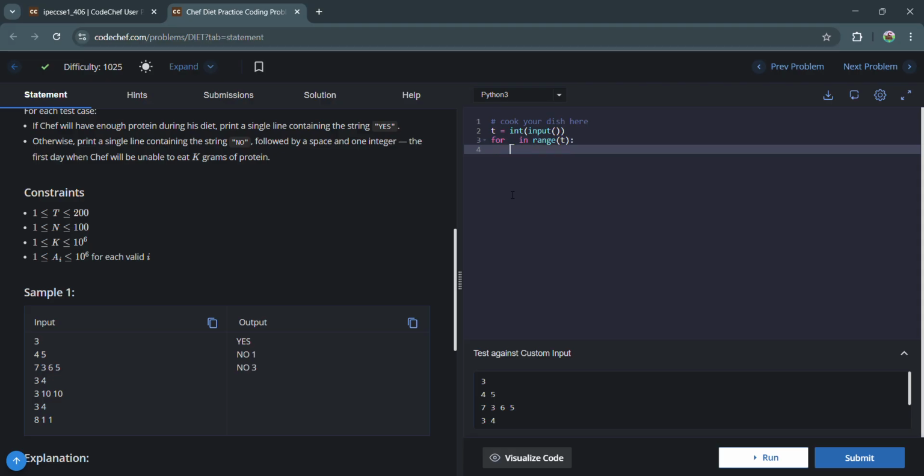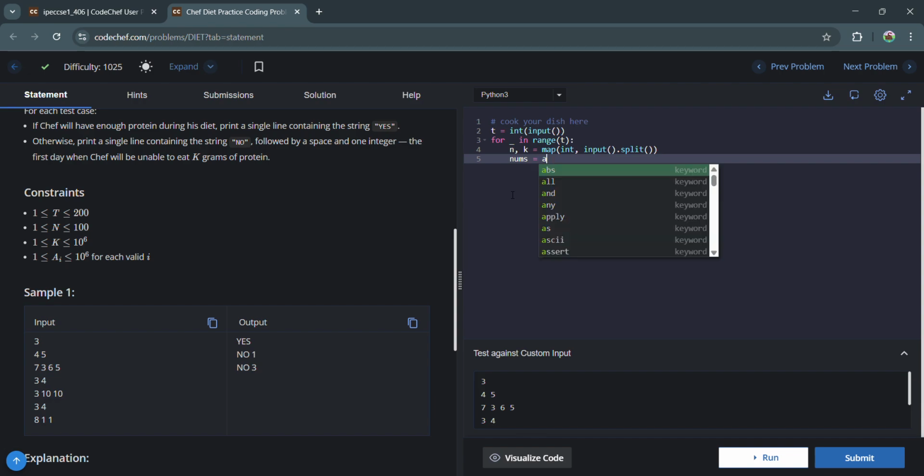For each test we have to input two integers separated by a space, and those will be N and K. After that we have an array of the N integers, the protein for each day, and we can take input for arrays like this.